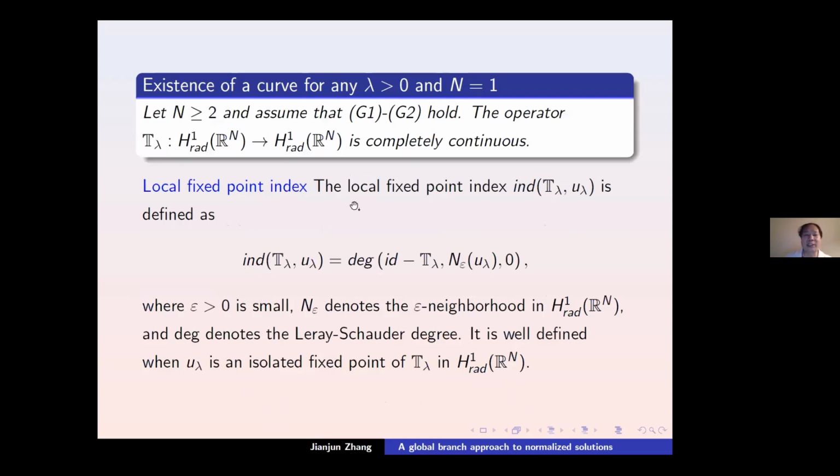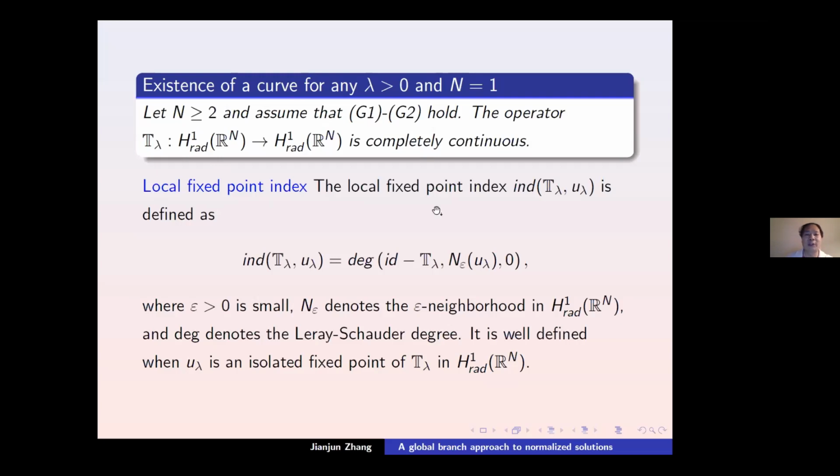So actually, we will use the local fixed point index, because we already know the operator T lambda is completely continuous. Also, we know for lambda very small, the possible solution of the original problem is unique.